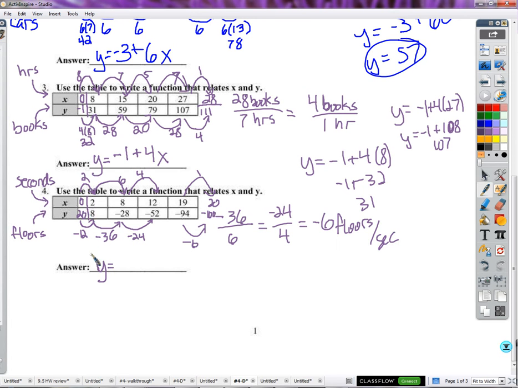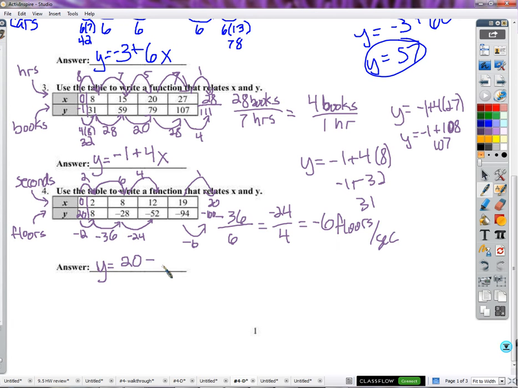I got in the super secret elevator and started plunging down at 6 floors a second. I'm down to the 8th floor by second 2, the negative 28th floor at 6 seconds, down to the negative 52nd floor at the 10th second, and so on. So I start on the 20th floor at time 0.